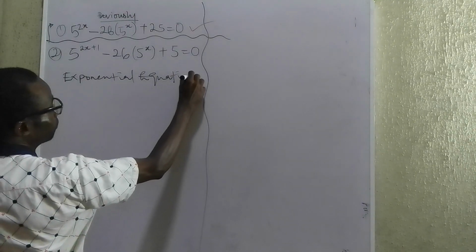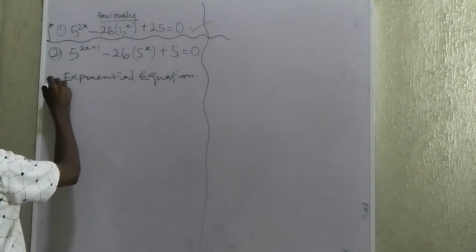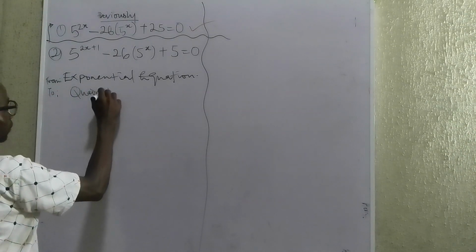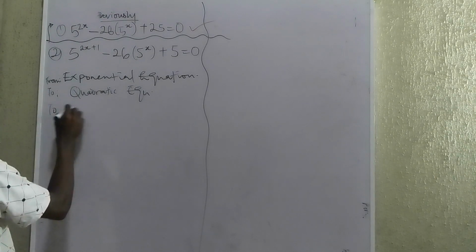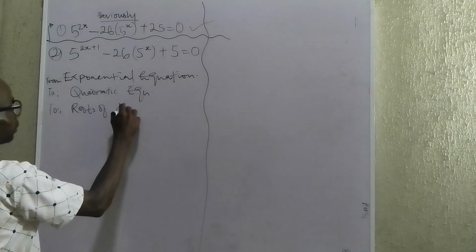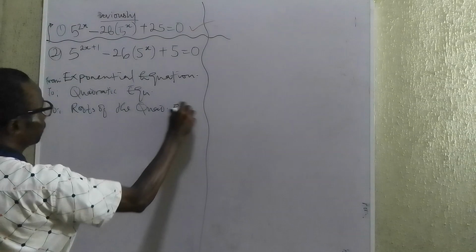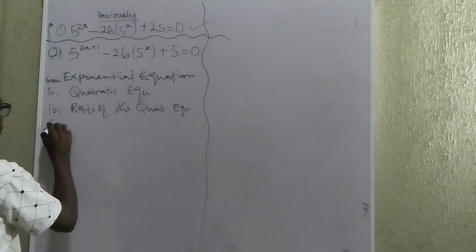We're going to solve it. We're going to take it from here to a quadratic equation, and then we're going to solve it. We're going to get the roots of the quadratic equation, and then from the roots we'll now find the values.